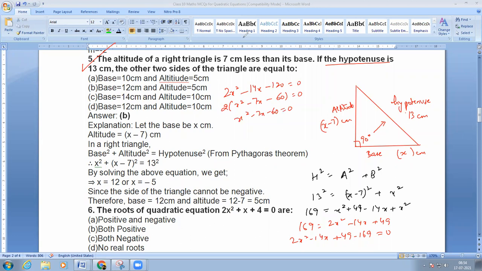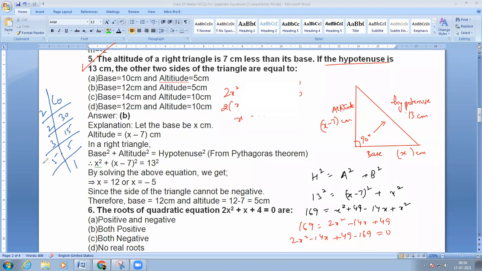Now you have to take out the factors of 60. So it is 2 and 30, 2 and 15, 3 and 5, 5 and 1. Now you have to make minus 7 out of this.